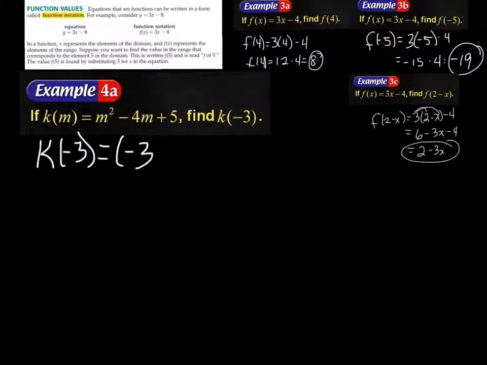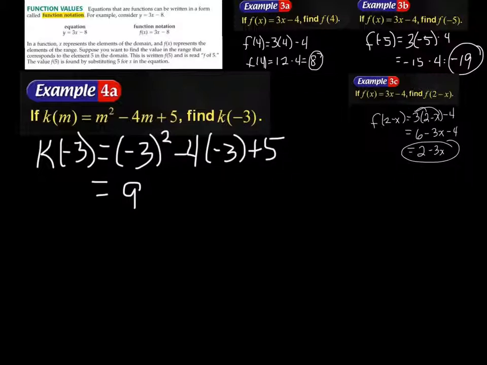I'm going to take negative 3, square it, minus 4 times negative 3 plus 5. Negative 3 times negative 3 is positive 9. Negative 4 times negative 3 is positive 12. And 21 plus 5 would be 26. I'd need a big piece of graph paper for that one, but it could be done.